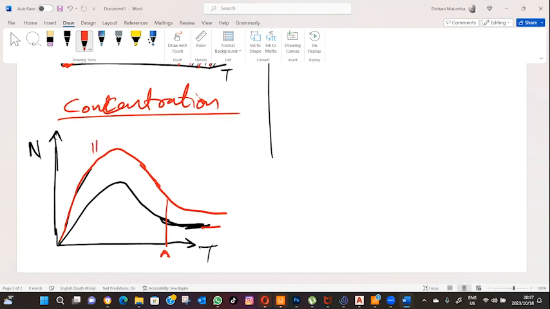So this is high concentration, this is low concentration. For low concentration, this is what we have: less particles. But when there's high concentration, we have more particles that will effectively react.